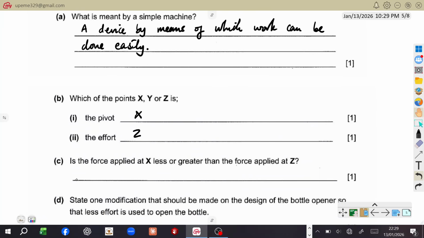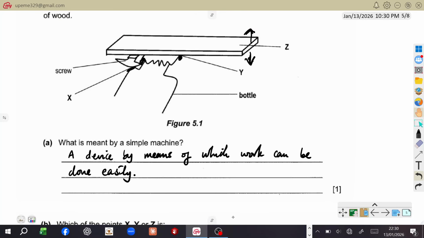So they're saying, is the force applied at x less or greater than the force applied at z? So the force applied at z and the one applied at x, which one is greater? The one applied at x.